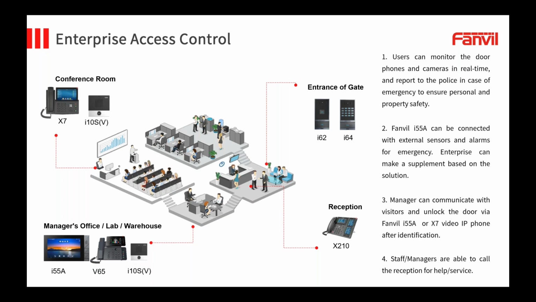There are some benefits and functions we can achieve through this solution. Users can monitor the door phones and cameras in real time and report to the police in case of an emergency and to ensure personal and property safety. And the next point, Fanvil I55 monitor can be connected with external sensors and alarms for emergency. Enterprise can make a supplement based on the solution.